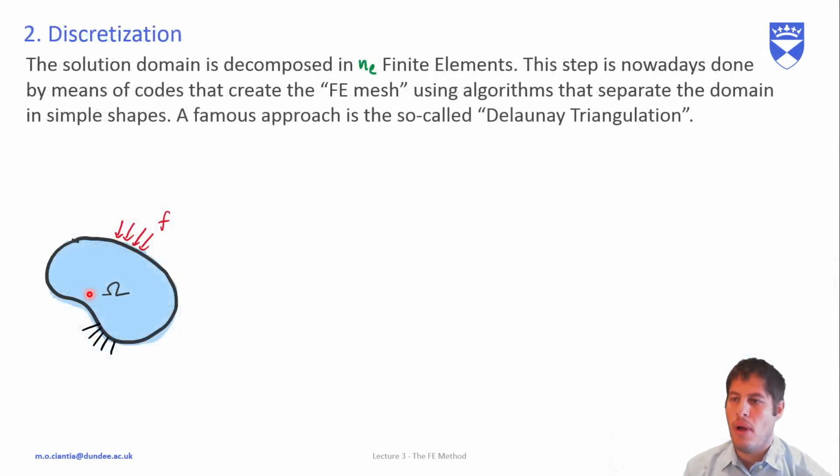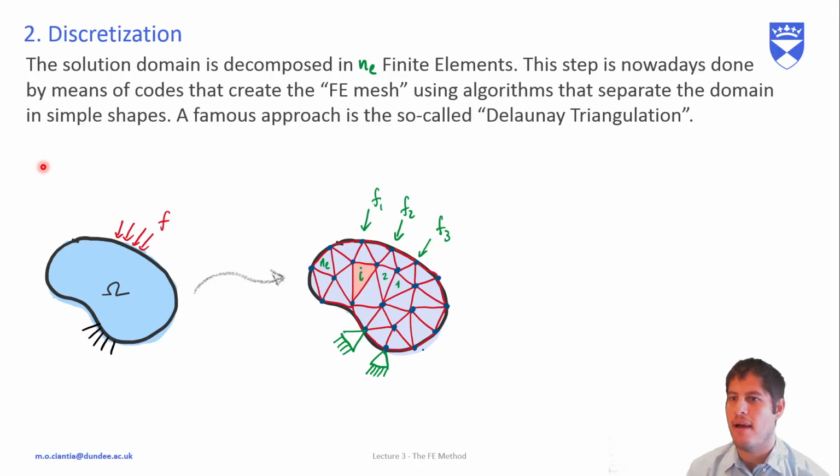So once we have idealized our model, so we have our potato and we have identified our external loads, what do we do? Well, we decompose the domain in a finite number NE of finite elements. So basically we mesh our volume. You've heard about finite element mesh.